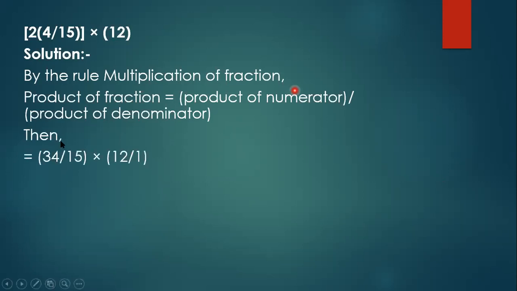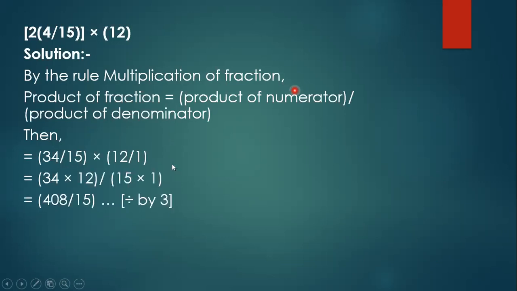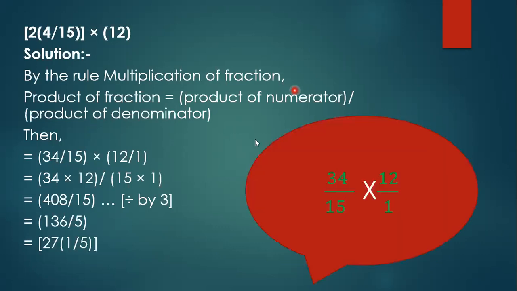Okay, 3 4 by 15, 15 multiplied by 2 gives us 30, 30 plus 4 gives us 34. So it would be 34 by 15 multiplied by 12 by 1. Either you solve it in this traditional manner or you prefer cancelling out. Okay, in 3's table, 15 comes 5 times, 12 comes 4 times.